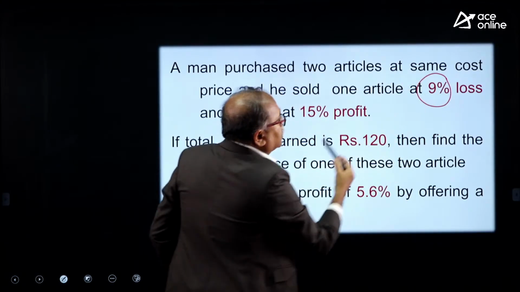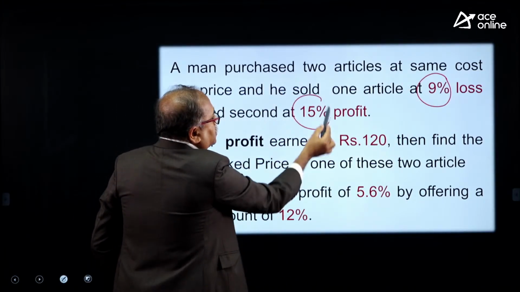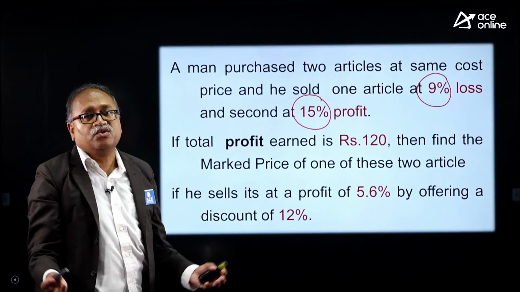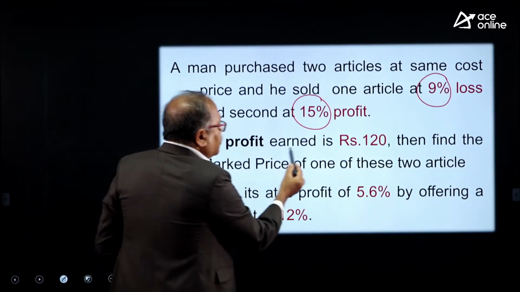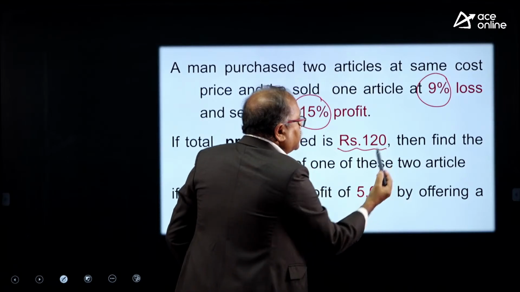In one he has a 9% loss, in another he has a 15% profit. So overall profit we know how to find out. The total profit earned is rupees 120.